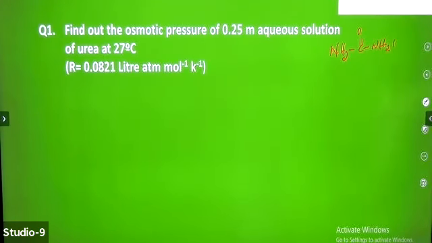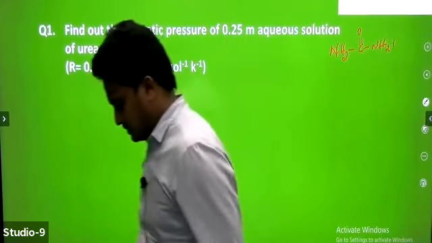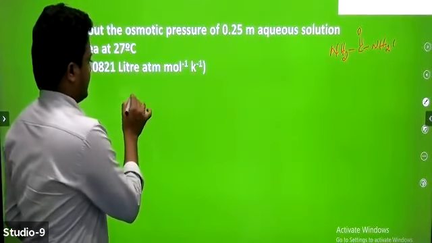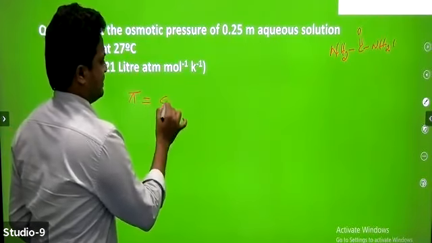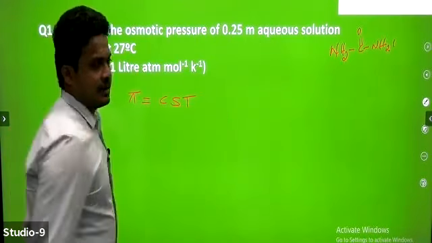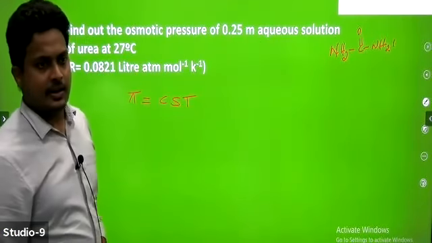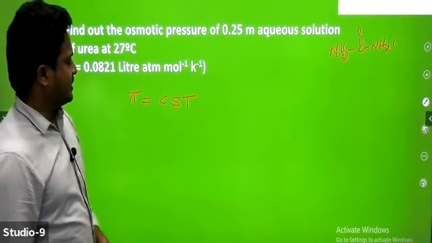Osmotic pressure of 0.25 molar aqueous solution of urea. Why are you calculating molecular mass? Concentration is given. Osmotic pressure formula: pi is equal to C into S into T. C is the concentration, S is the solution constant, T is the absolute temperature.